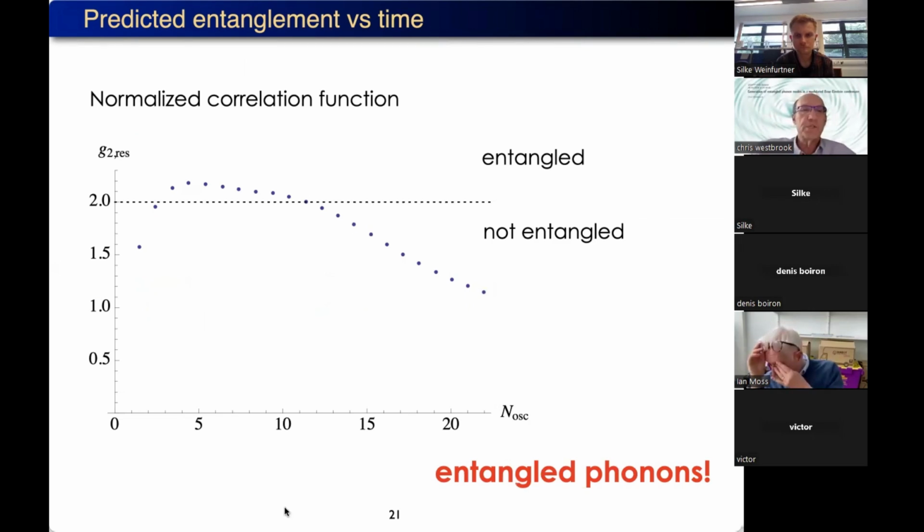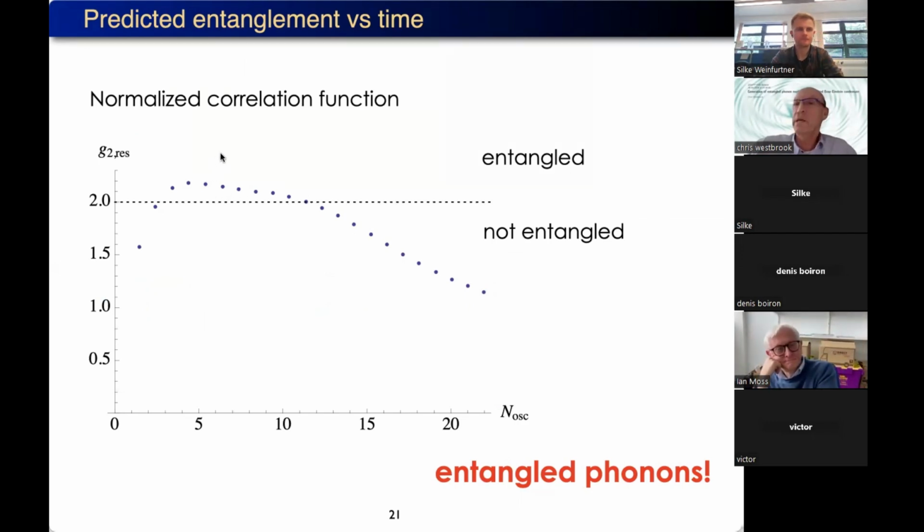And what you see is that for a certain duration of the oscillation, plotted again in the number of oscillations to which the condensate has been subjected, this witness actually does go above 2.